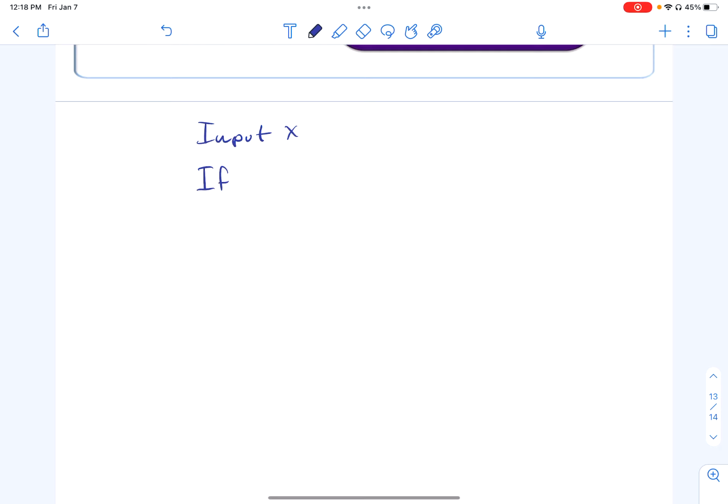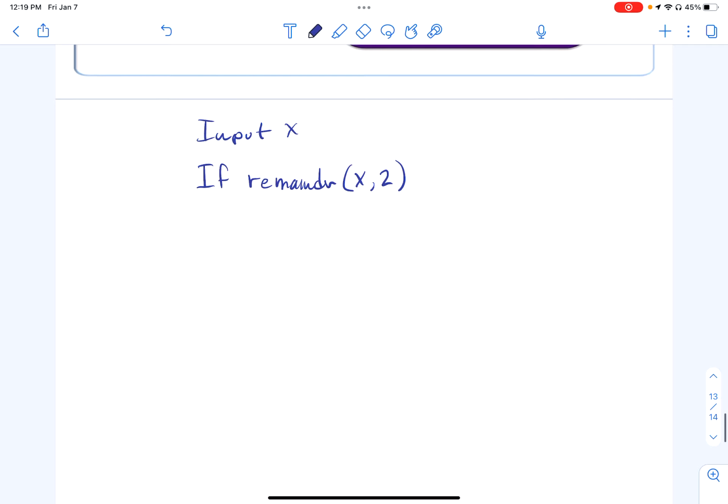So if remainder (x, 2): it's going to take the number that they input, divide that by 2, and spit out a number. And if we're dividing by 2, the only possibilities are 0 or 1. If this remainder is equal to 0, then x is even.